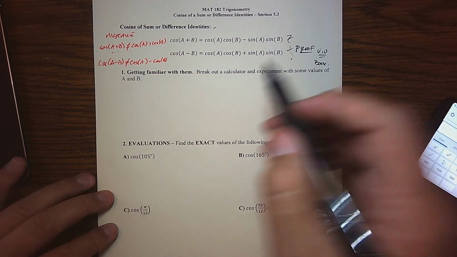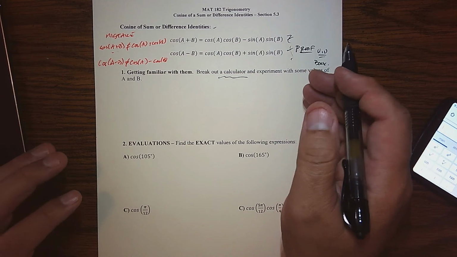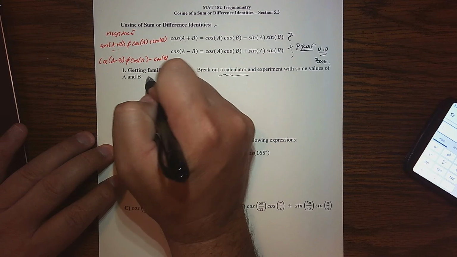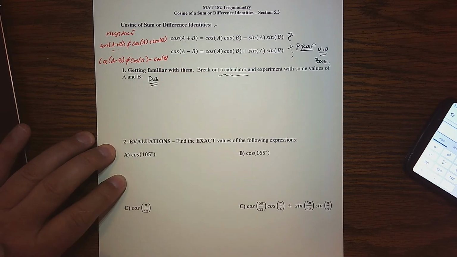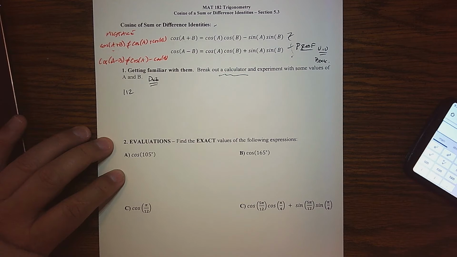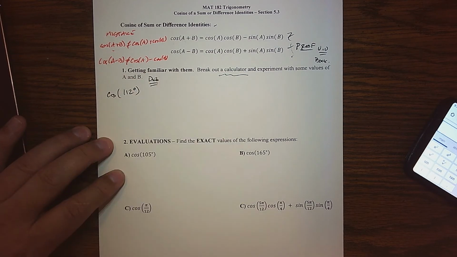But what we're going to do is just play around with our calculators and kind of experiment and see that this is true. And so what we can do is take any number, hard, easy, or whatever, and I'll work in degree mode just for simplicity at the moment. One number that comes to my mind is 112. All right, so we're going to look at the cosine of 112 degrees.